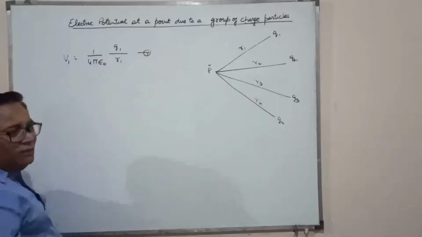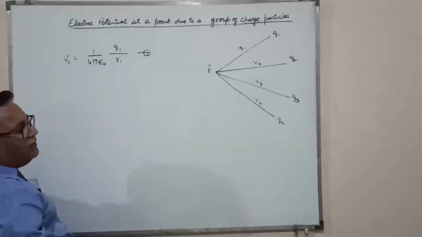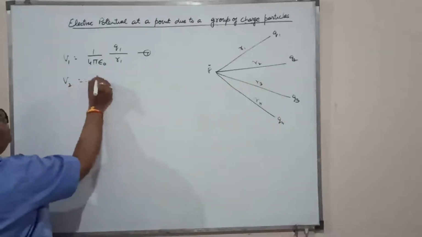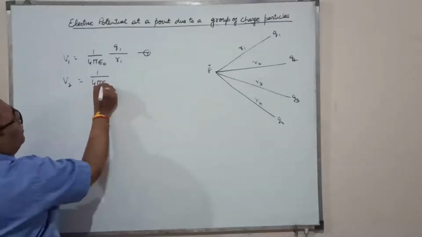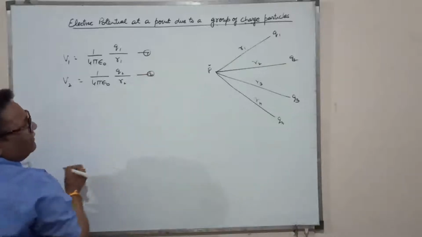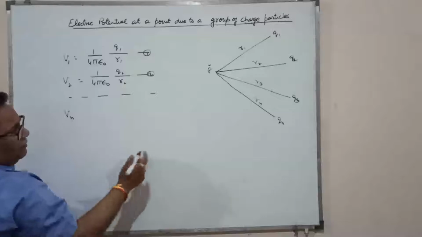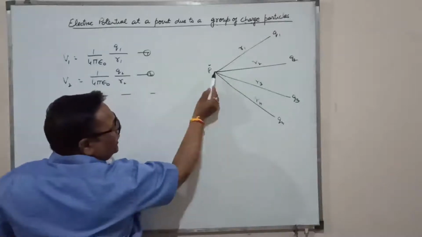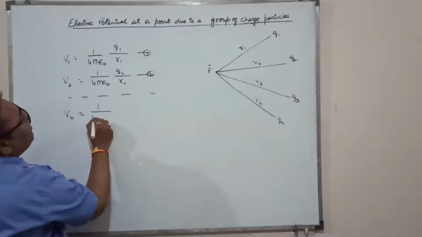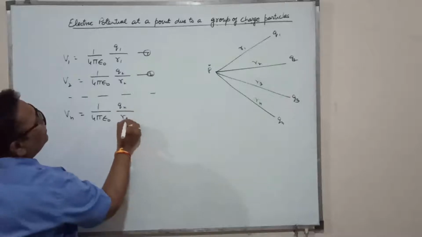This is equation 1. Similarly, the potential at the point P due to the Q2 charged particle, V2, is equal to 1/4 pi epsilon 0 Q2 upon R2. This is equation 2. And similarly, the potential at the point P due to the Qn charged particle, Vn, is equal to 1/4 pi epsilon 0 Qn upon Rn.